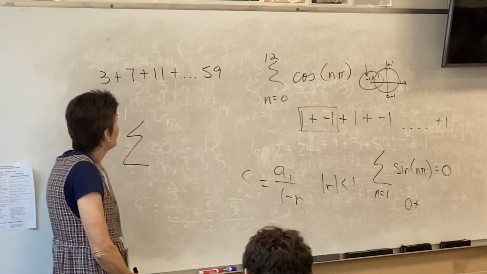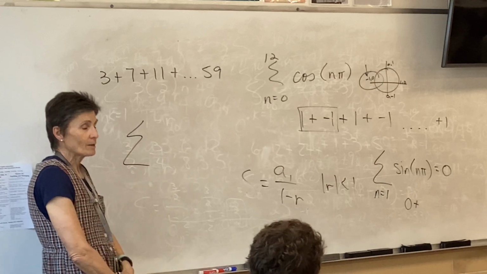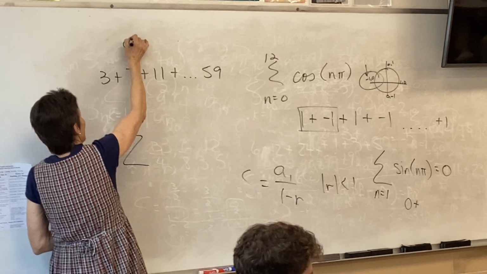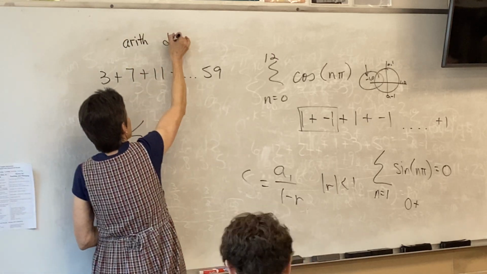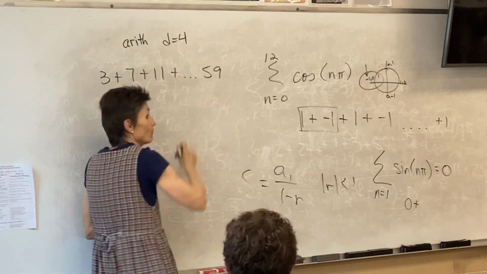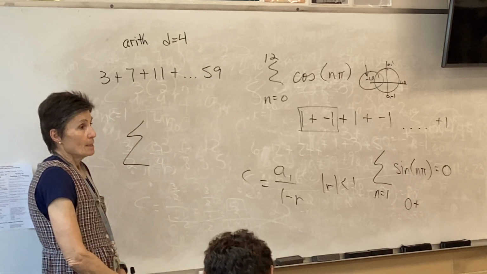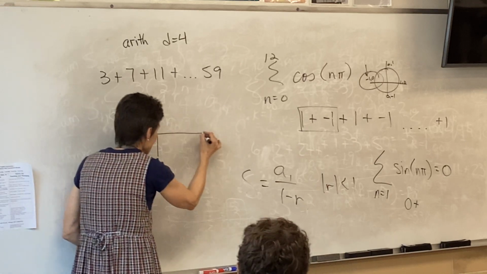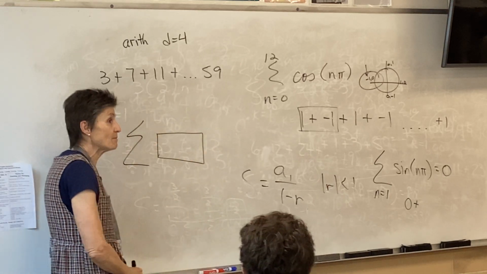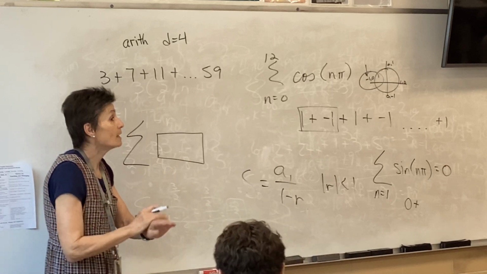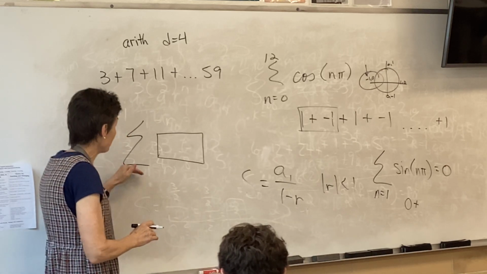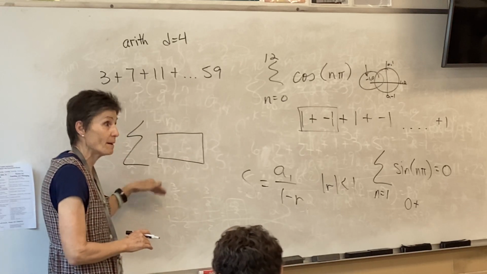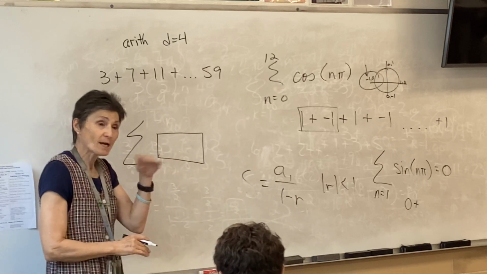Chris has observed that this is arithmetic and the common difference is 4. Perfect, that's beautiful. That actually helps us a lot, because this right here is going to be the explicit term of the sequence. When I plug in 1, I'll get the first term; when I plug in 2, I'll get the second term, and so on. We did this yesterday.